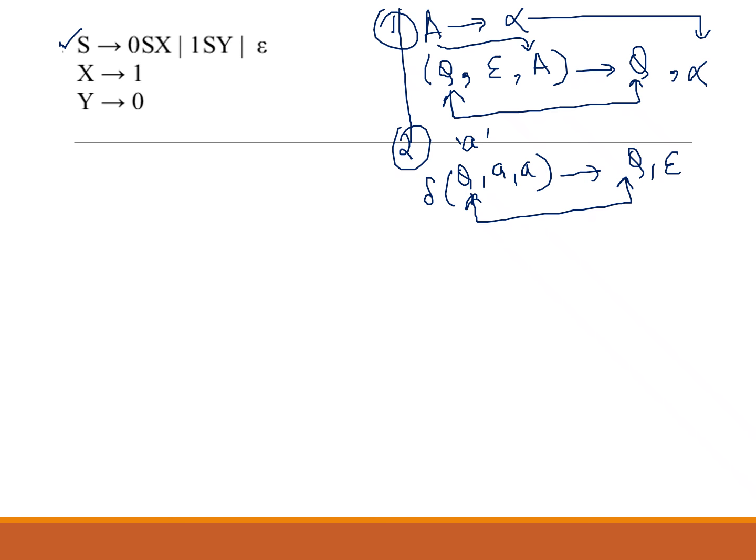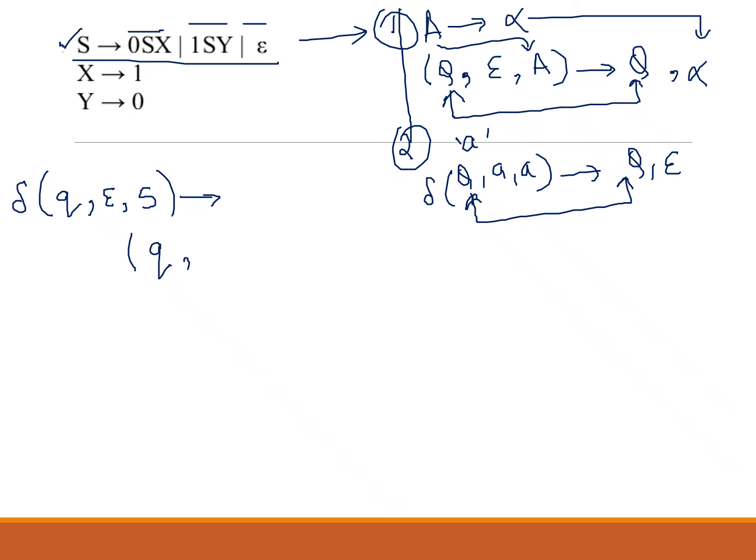S tends to this. So this will follow rule number 1. Accordingly, we'll write transition of say Q epsilon, the non-terminal is S. This will give, now since there are 3 production rules, we'll have 3 transitions.